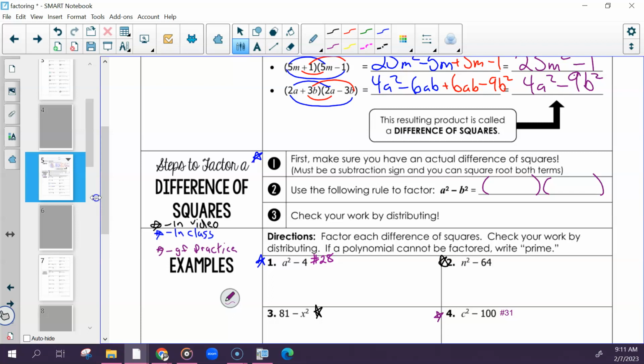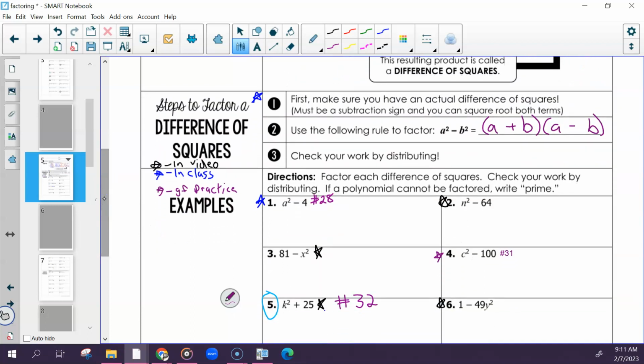So you would put that first in both sets of parentheses. Disregard the minus for a second. What times what would give you b squared? b times b. And then you're going to put a plus and a minus in between them. Does not matter which one you put first. And then if you wanted to check your work, you could distribute it back out to see does it work.